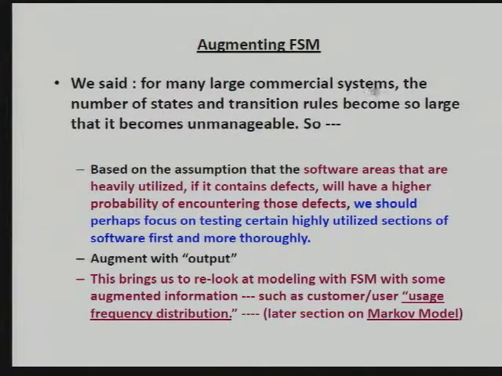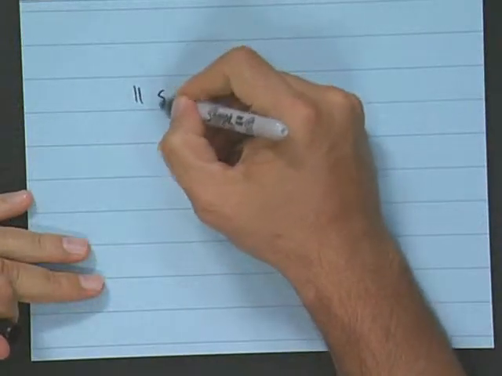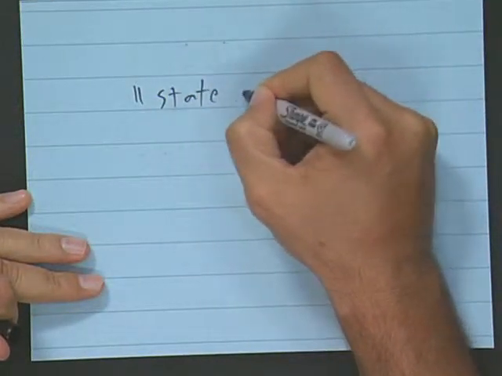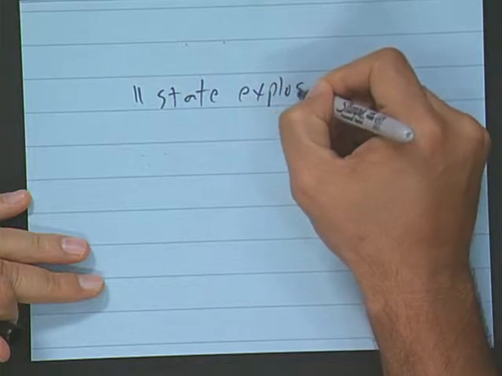Now, for many large commercial systems, this becomes very, very large. The key term for this in the industry is state explosion.